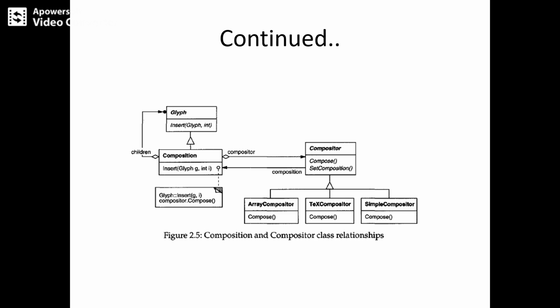The next one is a text compositor. The text compositor would be implemented with a full text algorithm, which takes things like color into account, in exchange for longer formatting times.